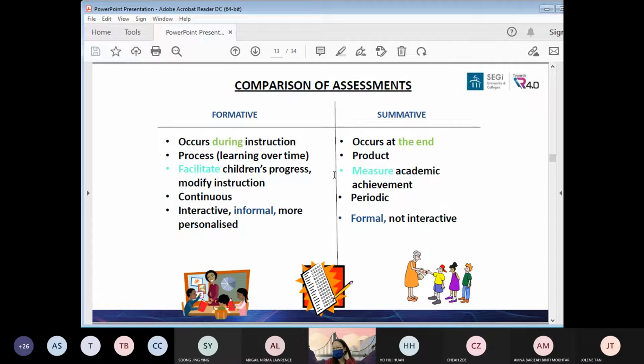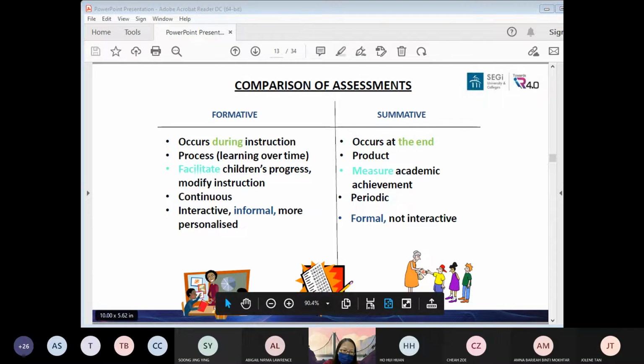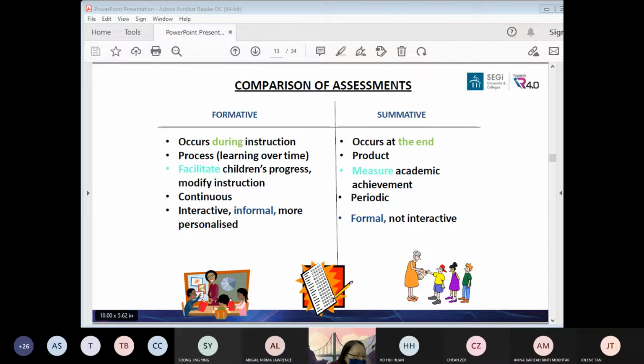Okay, what about summative? Look at it. Occurs when? At the end, like, of the semester. At the end of a semester or end of the year. End of the year, yes. So those are the exams, standardized exams, right? So that is very formal, isn't it? When you do your test, it's formal, right?